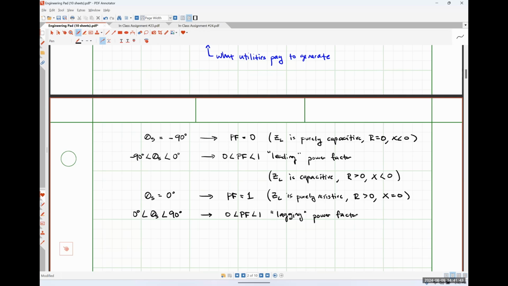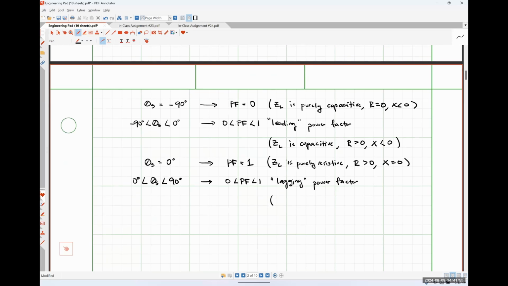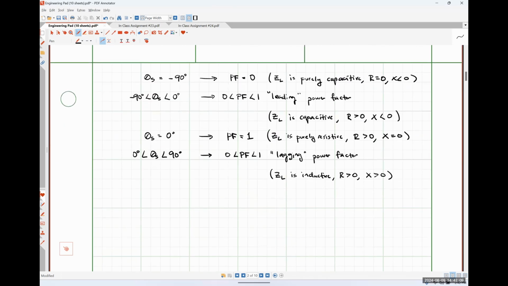And it's a lagging power factor because the current lags the voltage in an inductive load. So we can say that ZL is inductive, where R is greater than 0 and X is also greater than 0.